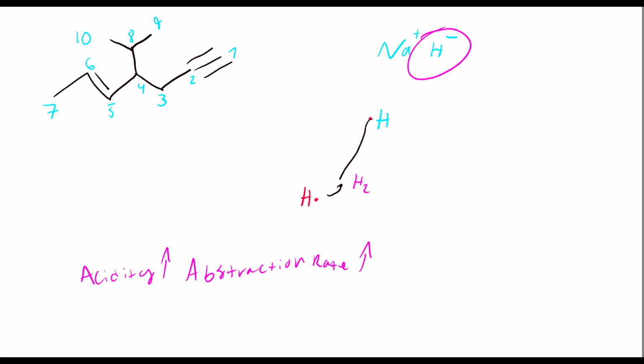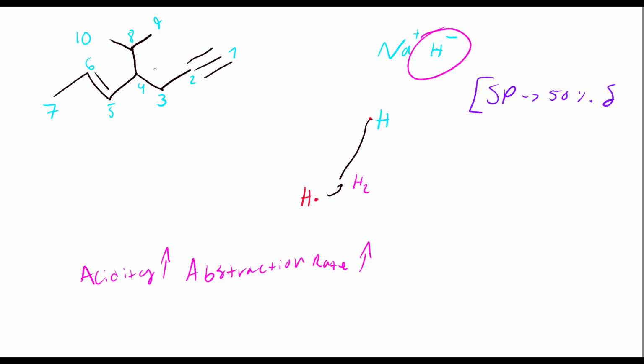Alright, now that we know what we're asked, we can verify this. So recall the trend with SP character. The more S you have, the more acidic. This one is going to have 50% S. There's only two things, and one of those things is an S, so it's 50% S. And that's really good for acidity, because notice that we only have carbons and hydrogens.